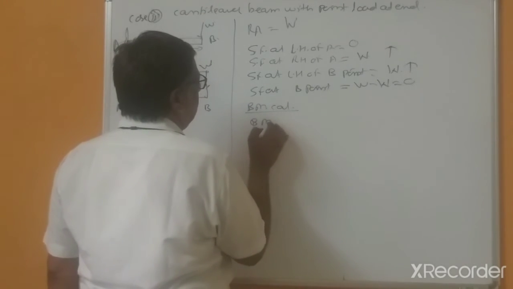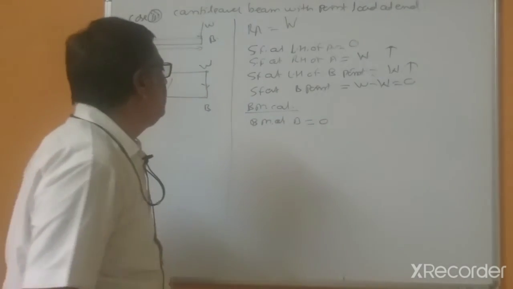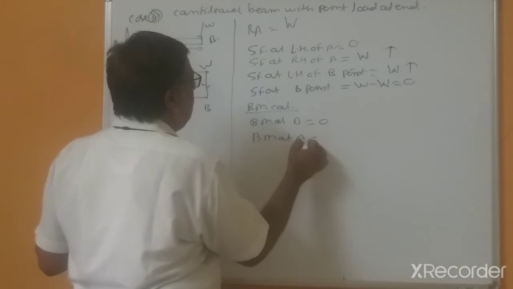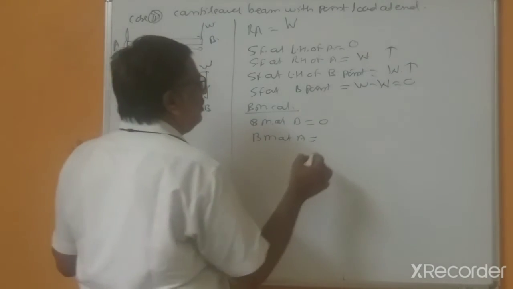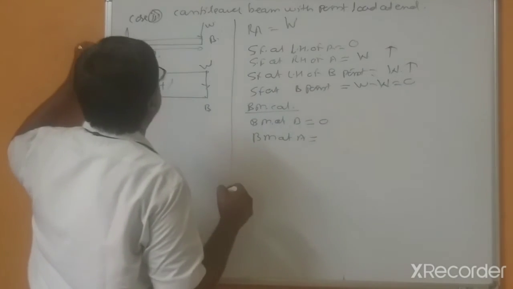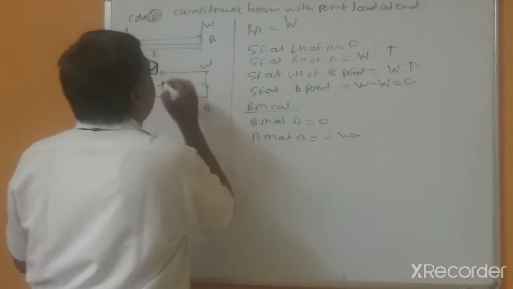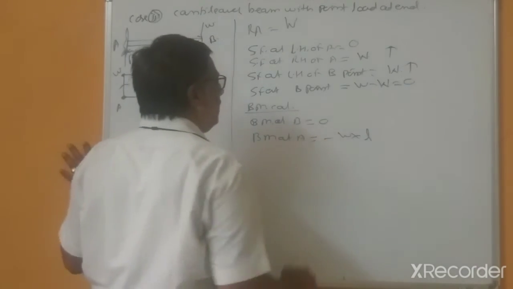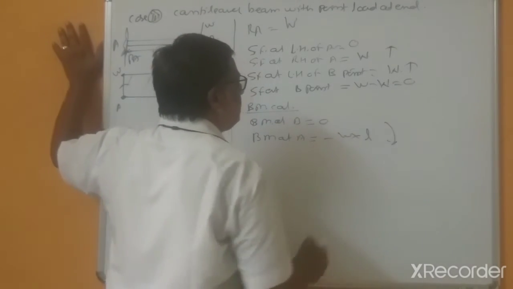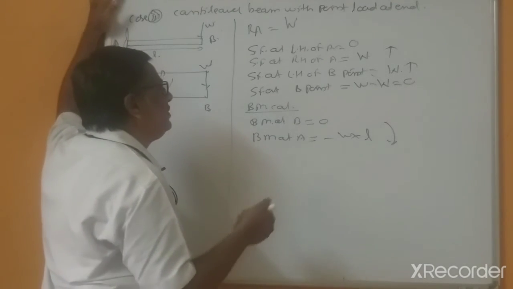Bending moment at B point equals 0, and bending moment at A point, taking section XX at A point, is W into length L, and this is clockwise. So that's why this is negative.